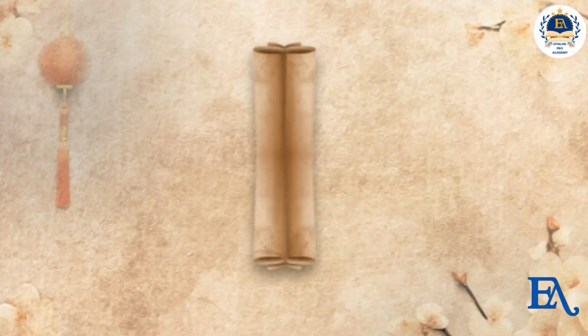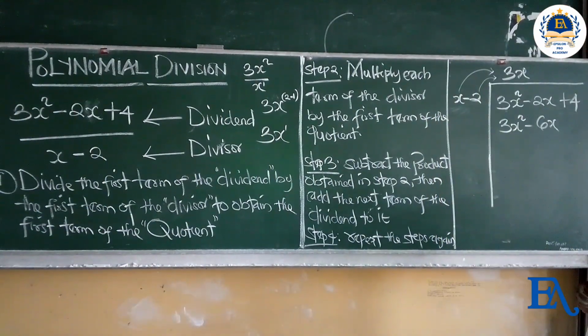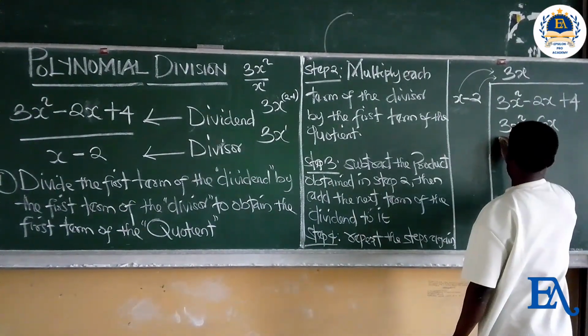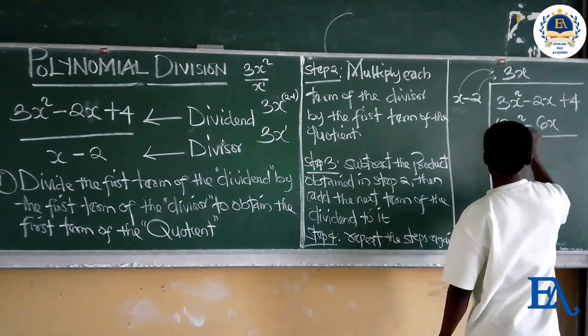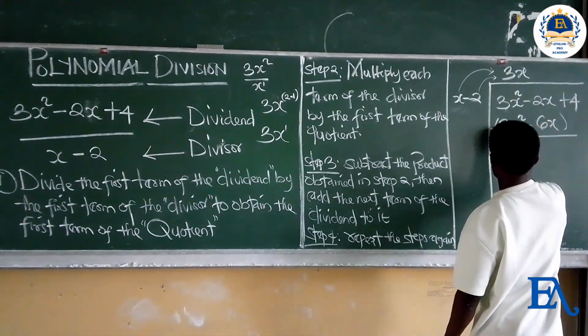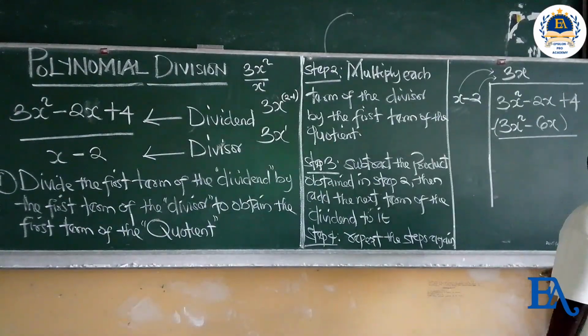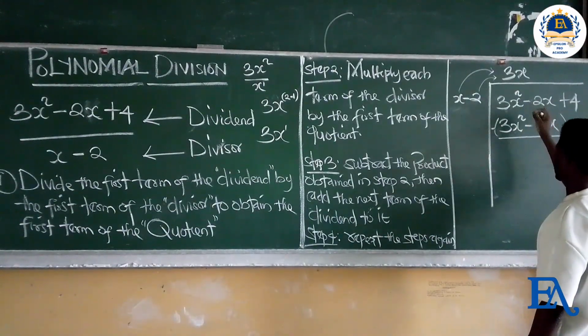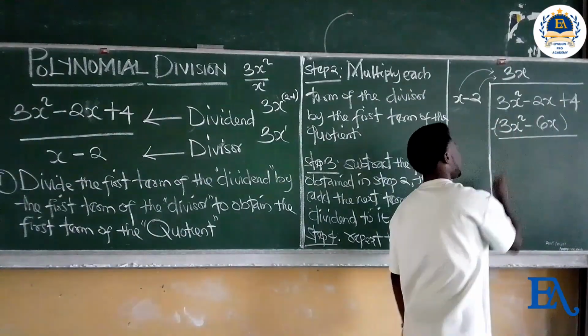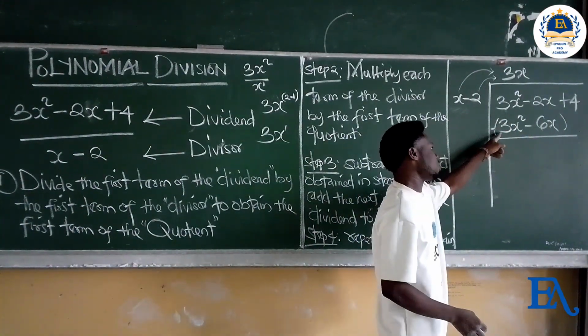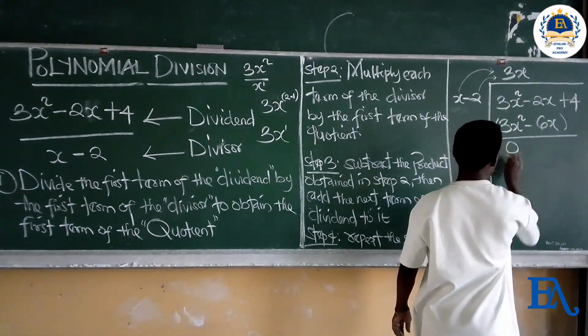So the next step is subtract the product, which is step number 3. Subtract the product obtained in step number 2. So we are subtracting this from this. That becomes 3x squared minus 3x squared gives 0.